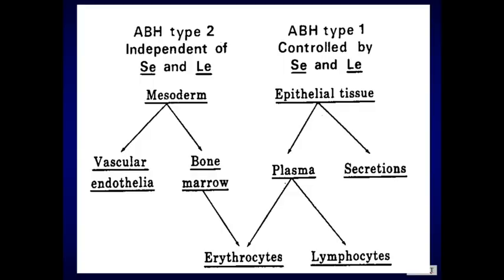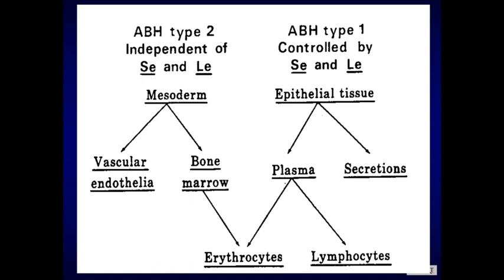The ABO blood group system is a little bit complicated because we can distinguish ABO antigens on blood cells, but also on tissues. The ABO system is a so-called histo-blood group system.